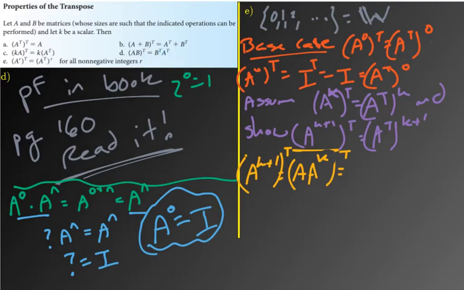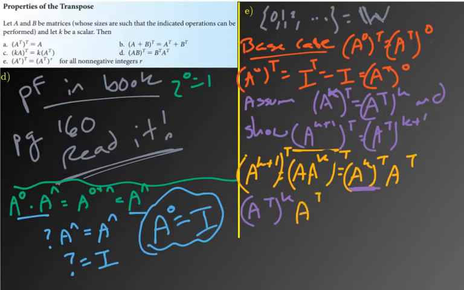So I can peel off and write this as A to the K transpose, and then A transpose. And this is where I'm going to use my inductive hypothesis. I know A to the K transpose is A transpose to the kth power. And then I multiply that by A transpose.